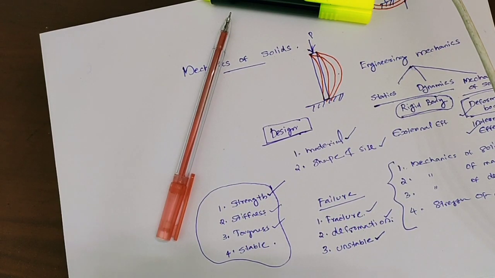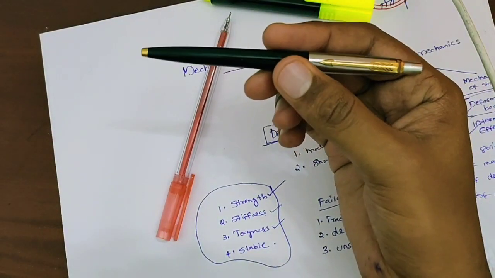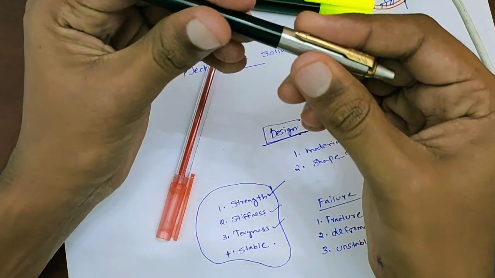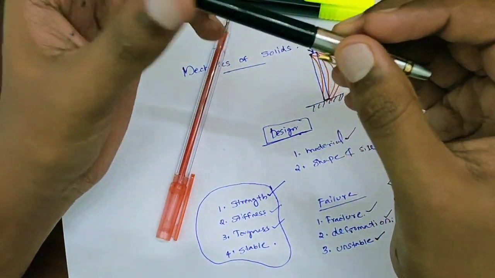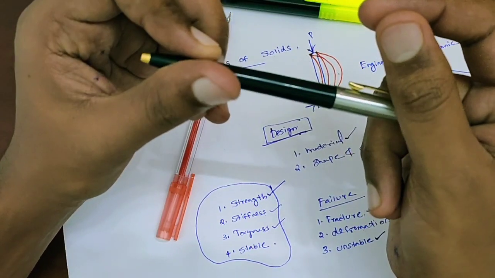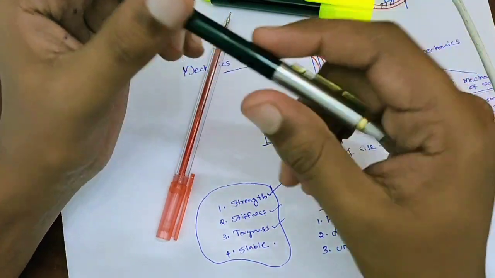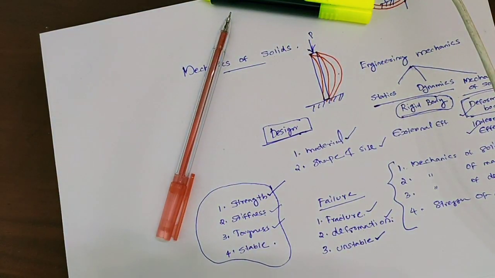And most of our physical structures are composed of different components. For example, this pen has different components: a cap, a clip, a refill. There are different components for this structure. Similarly, any engineering physical system is built using different components.